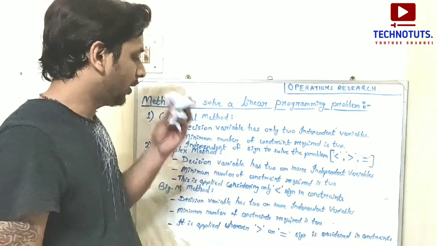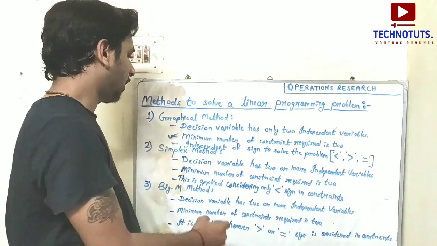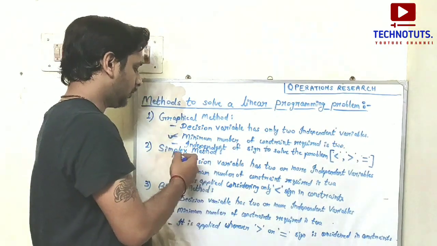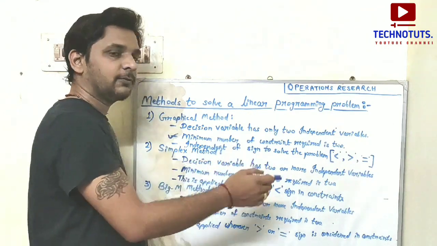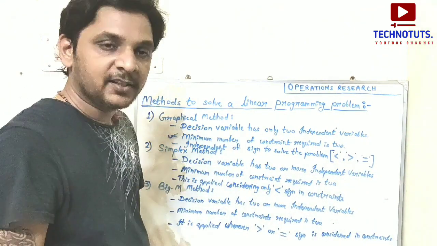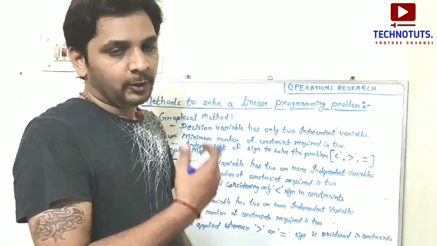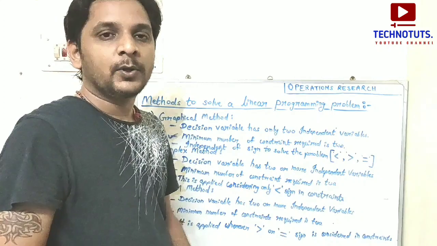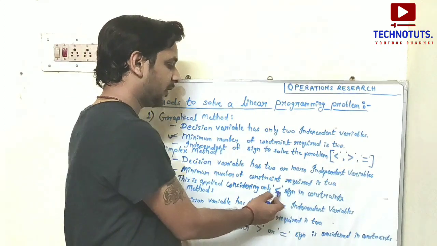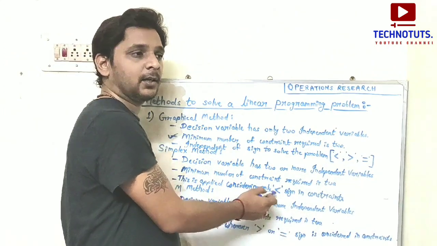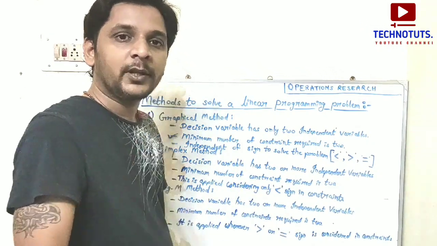So what are the conditions for the simplex method? The set of constraints should have the less than sign, and the decision variables should be 2 or more than 2.